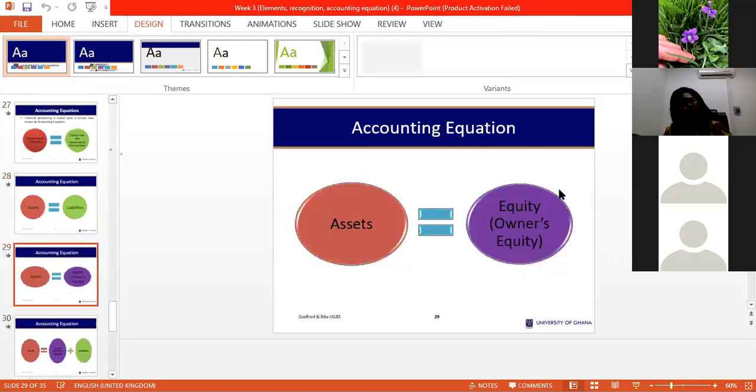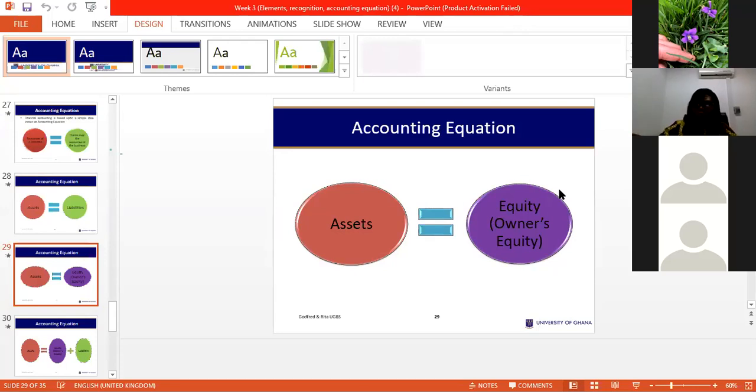Now, most often at the inception of every business, it is always the owners who provide those resources. So if you have your car, you have your cash, and you decide I've set up a business, Group 7 business entity. If you put that money into the business bank account, Group 7 business entity, bank account at StanChart, immediately that cash you have put in the Group 7 business entity becomes the asset of the business.